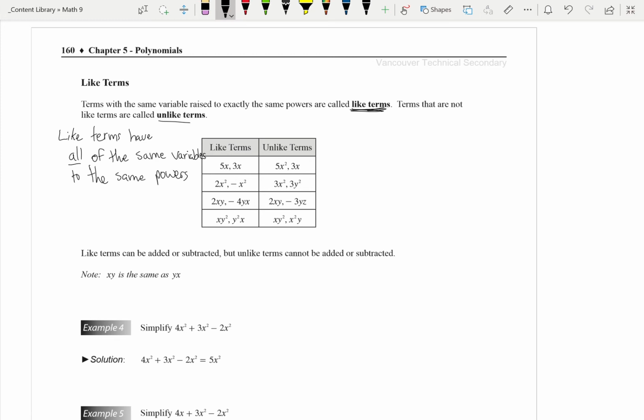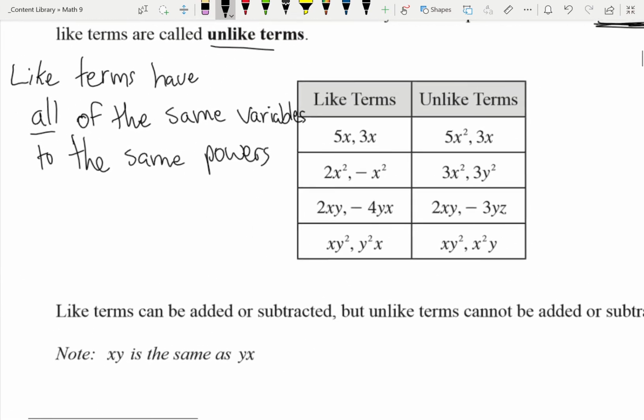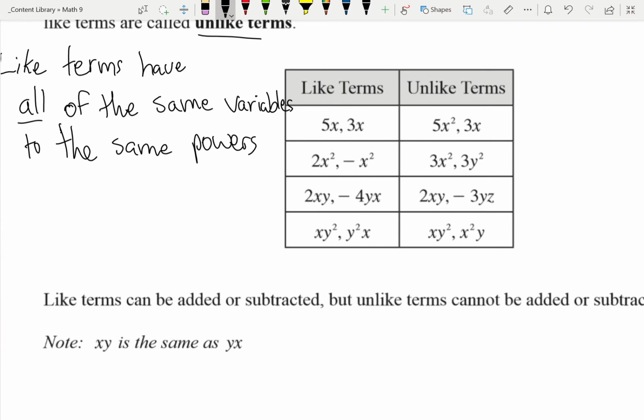The coefficient actually isn't important, but for example, 5x and 3x are what we call like terms. If I think of x as xylophones, I have 5 xylophones and my friend has 3 xylophones. So if I wanted to calculate how many total xylophones I had, it's easy for me to work with.